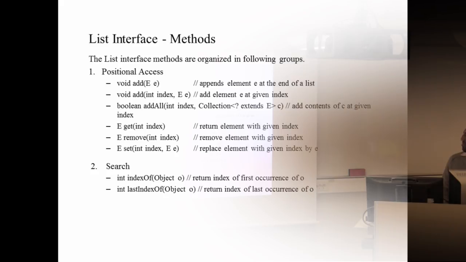Some of the methods are the same as in a collection. So for example, add, which will add the element at the end of the list. The list interface is extending the collection interface, and if you remember the previous lecture where we learned the concept of inheritance, we said that when a class extends another class, it adds new features.